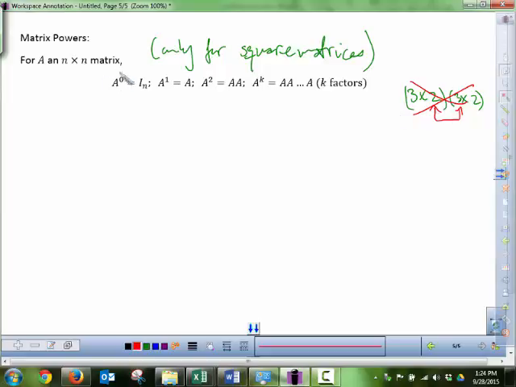So we've established a convention that anything to the 0 power is equal to 1 for our number system. So it turns out that for matrices it'll work also, except instead of 1, we have the identity matrix. And then we have to the second, to the third, etc. What we don't have is a negative power or a fractional power.